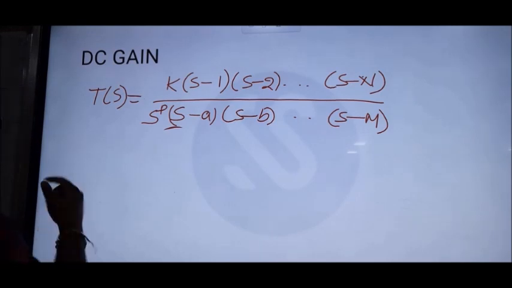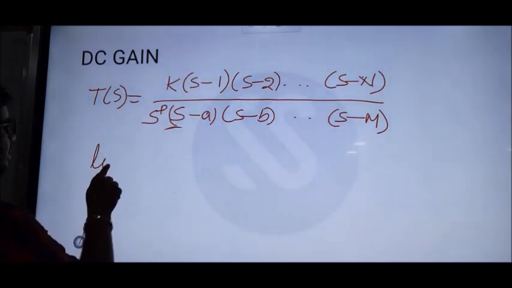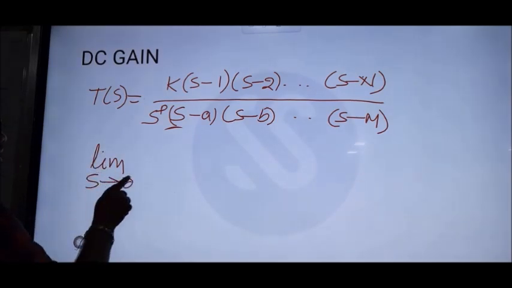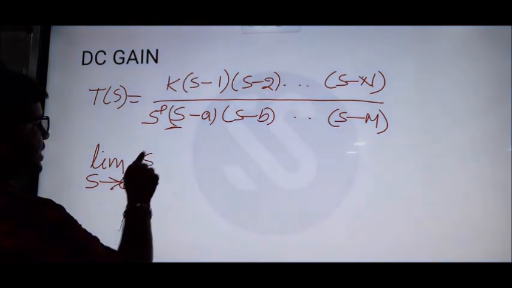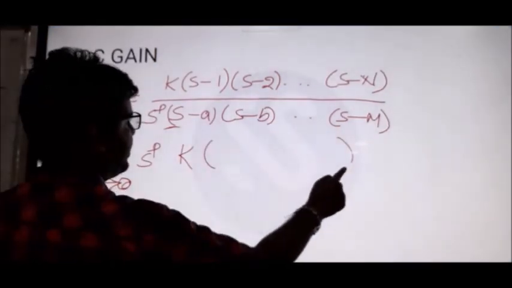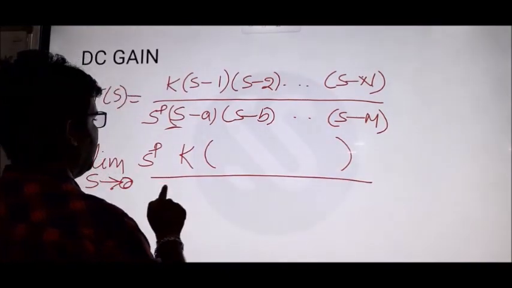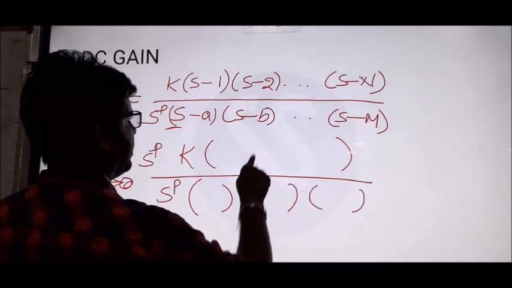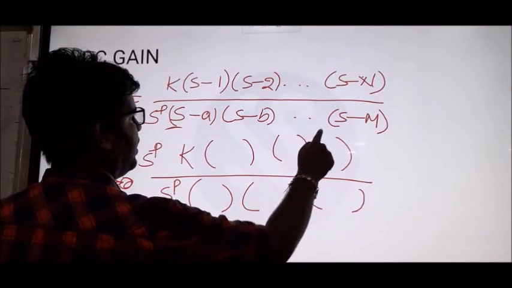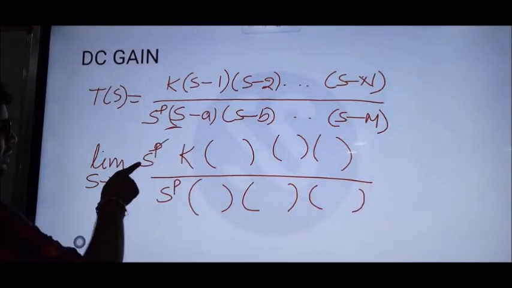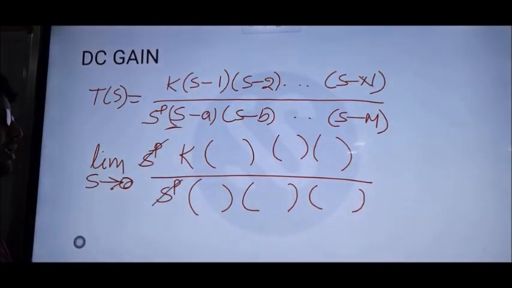So to find the DC gain, the formula will be limit s tends to 0 of s to the power p into k into all the numerator factors, divided by s to the power p into all the denominator factors. So what happens in this case? If you do it like this, these two cancel out, so there is no fear of getting the denominator as 0.